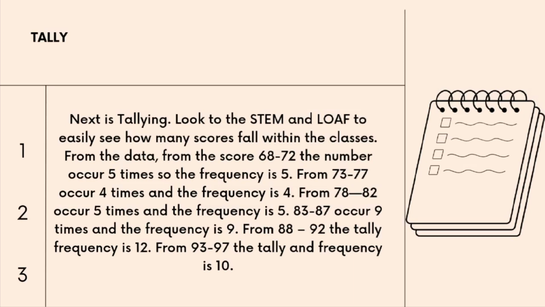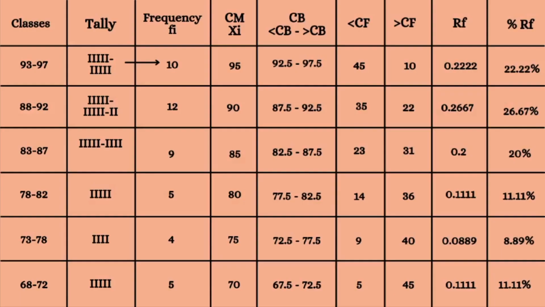From 78 to 82 occur 5 times, and the frequency is 5. From 83 to 87 occur 9 times, and the frequency is 9. From 88 to 92, the tally frequency is 12. From 93 to 97, the tally and frequency is 10.